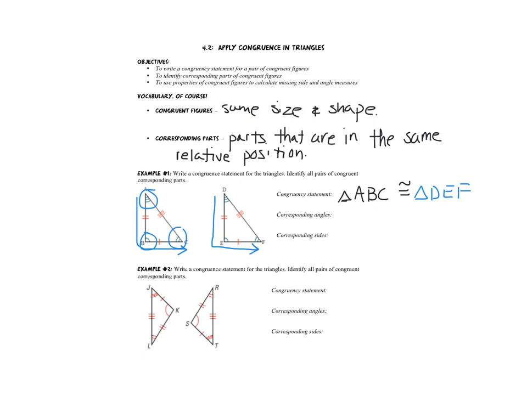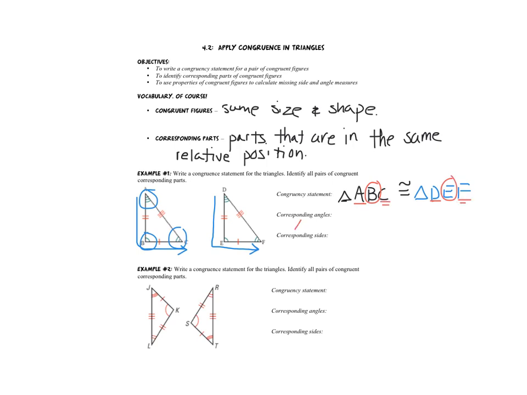So now when I write corresponding angles, I don't even have to look back at the picture because I made sure to write my congruency statement in order of corresponding parts. I know that A goes with D, B goes with E, and F and C go together.